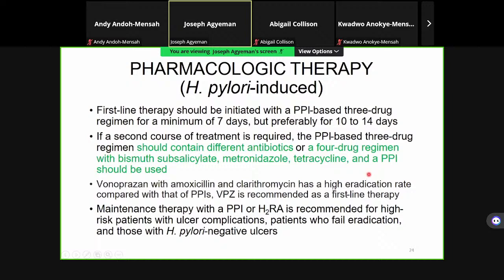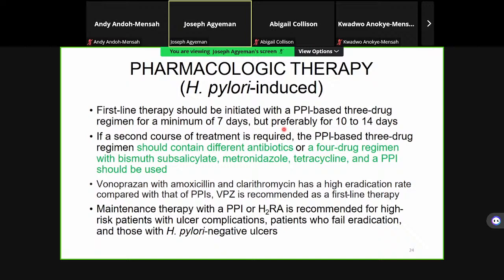As I said, in Japan, they prefer vonoprazan, which is the potassium-competitive inhibitor, together with amoxicillin and clarithromycin. In fact, I must state that in Ghana, the best shot, all things being equal, if there is no resistance and what have you, the best combination triple therapy is using esomeprazole, clarithromycin, and amoxicillin.